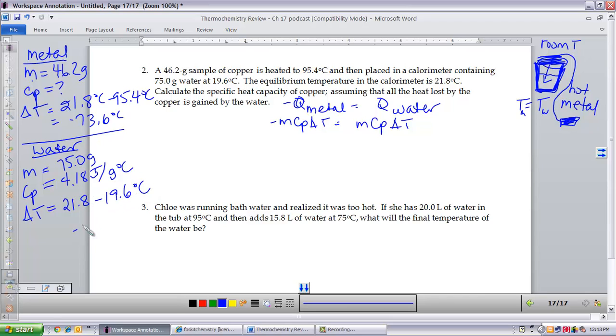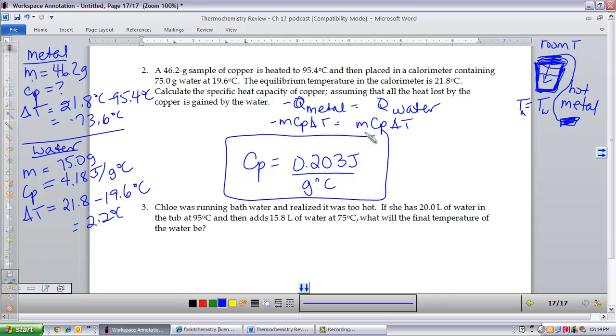The delta T is 2.2 degrees C. So you plug each of these into the equation, and when you solve, you get that the Cp of the metal, or heat capacity, is 0.203 joules per gram degrees C.